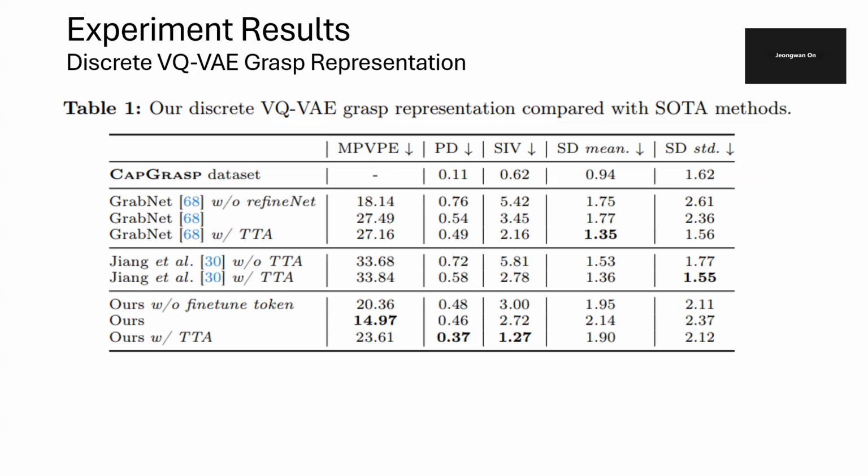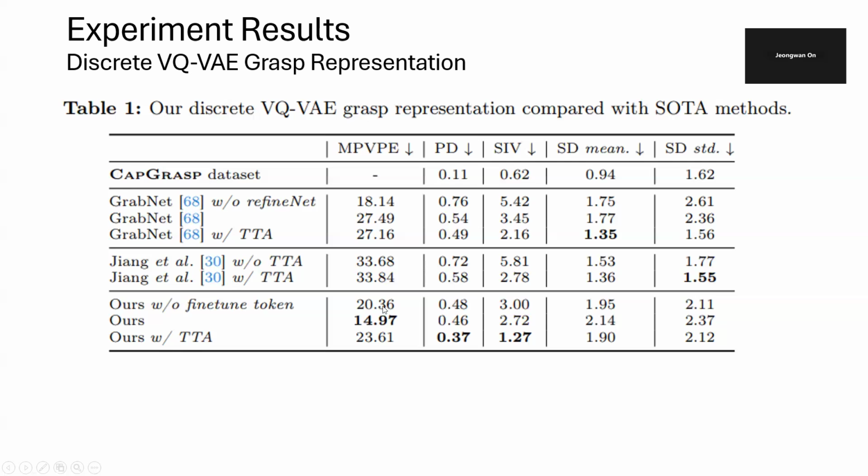And for experiment results, they compare with GrabNet and Jiang et al.'s work. GrabNet uses refinement naturally, but they tried without refinement, and TTA here refers to test time adaptation, which is originally used by Jiang et al. So here, without fine-tuned token refers to not using the refinement token, and with TTA refers to their setting with test time adaptation similar to Jiang et al.'s.